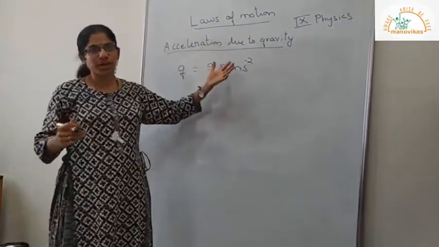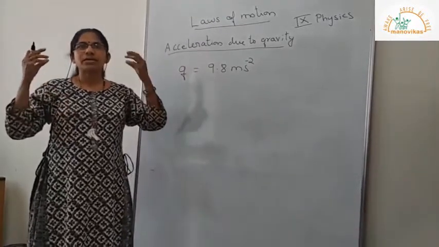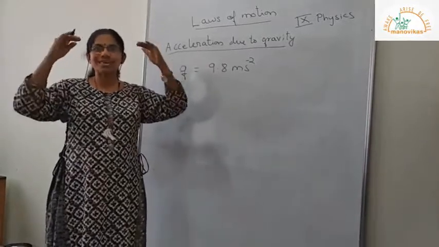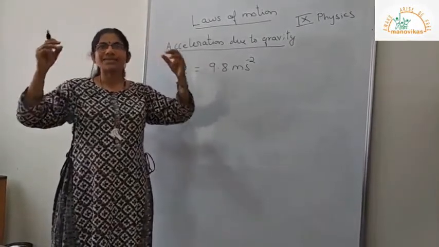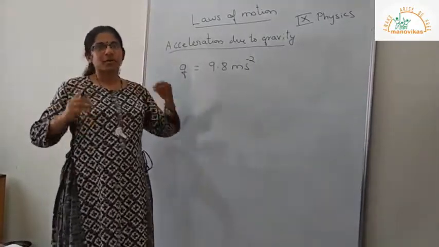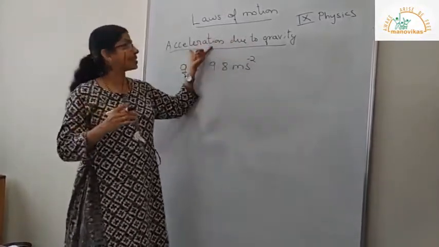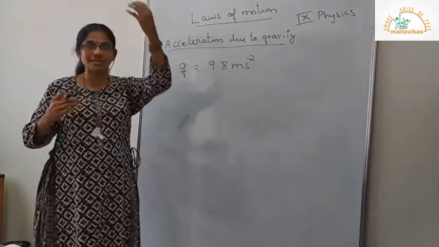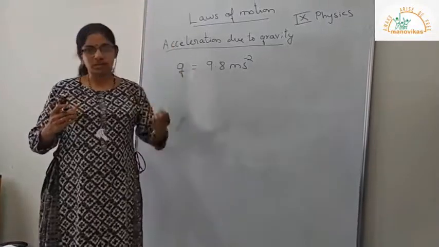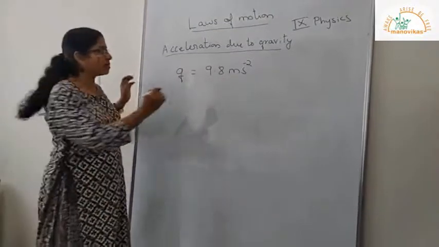Correct? Now, Galileo was the first one to observe that when two objects of different masses are released from the same height at the same time, they reach the Earth at the same time. It is due to this acceleration, the gravity of the Earth, that these objects are able to reach the ground, and that value is 9.8 meters per second squared.